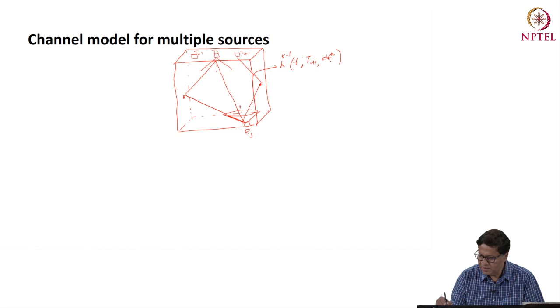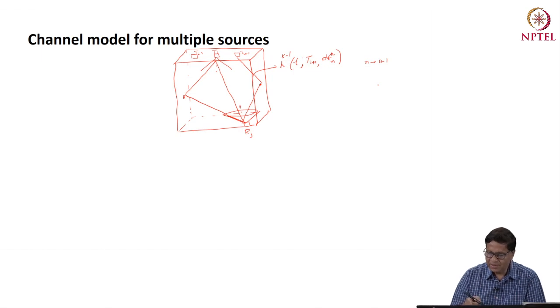So this can be n, where n in this case is I plus 1. Otherwise n can vary depending upon the number of sources you have at the top.